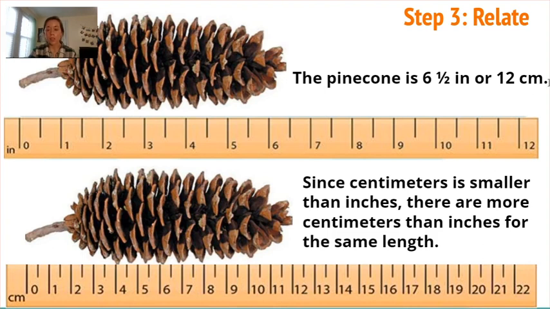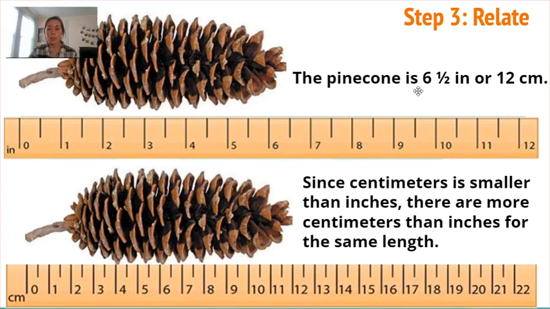We can see that, right? There are 12 centimeters. 12 is a bigger number than 6.5. But that doesn't mean that it's bigger. This doesn't mean that this is a bigger measurement than this one. It's the same measurement, the same length, just represented in two different units of measurement.